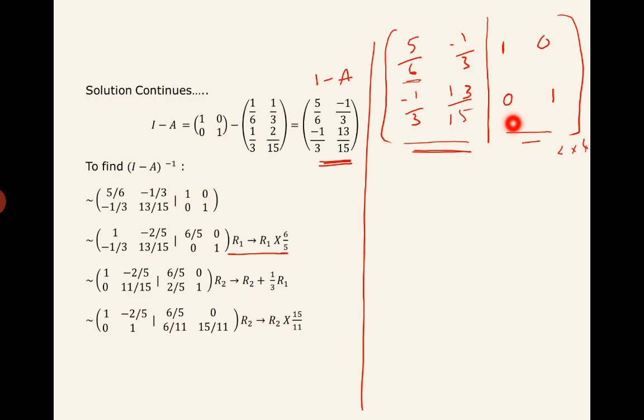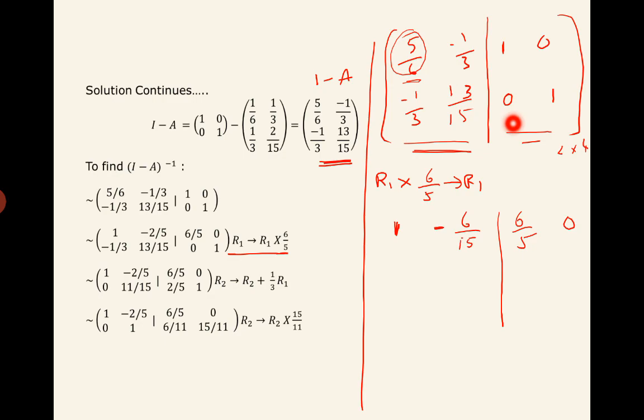Multiply row 1 by the inverse of its coefficient. 5 over 6 becomes 6 over 5. That is our row 1. You can follow these steps given here. 5 over 6 multiplied by 6 over 5 will be 1, then negative 6 over 15 times 6 over 5, 0.